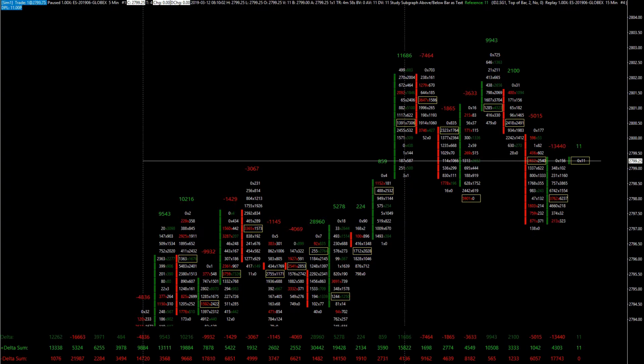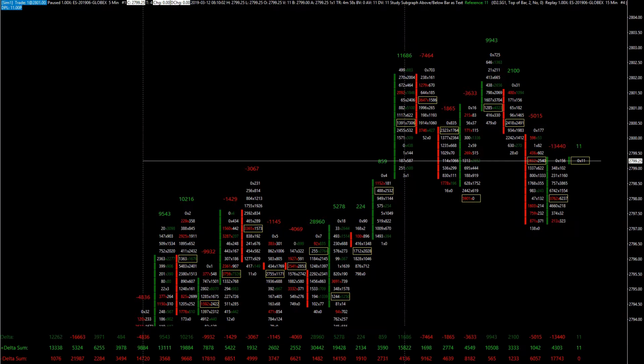Prices drop back down, then attempt again, and this time we have 9,943 positive delta, and price couldn't go higher. So you see some exhaustion here. Where are these 9,943 positive delta calculations coming from?